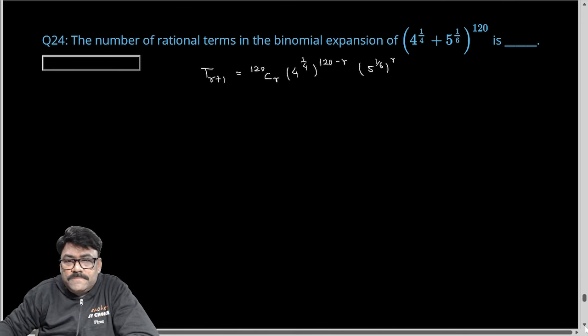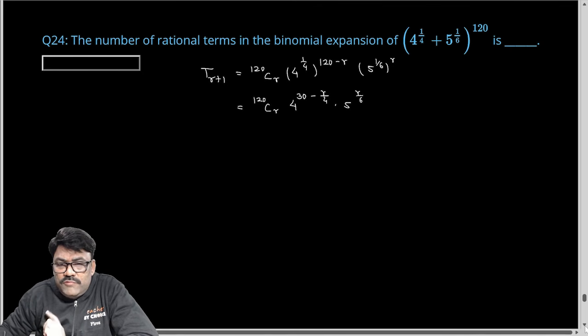So it is 120Cr, 4 raised to (120 by 4 is 30) 30 minus r by 4, and 5 raised to r by 6.